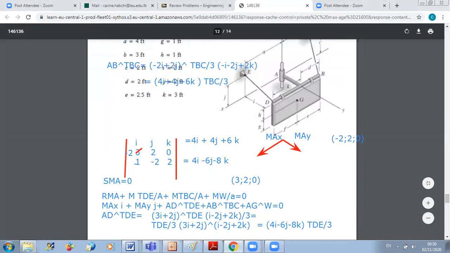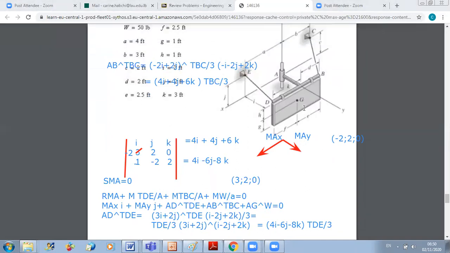Okay. So for G, what are the coordinates?